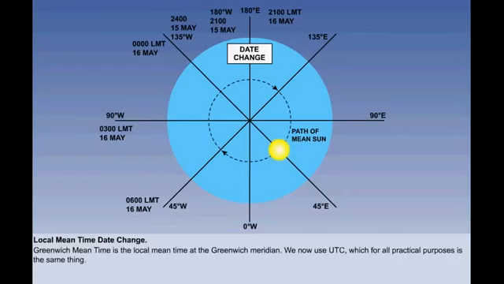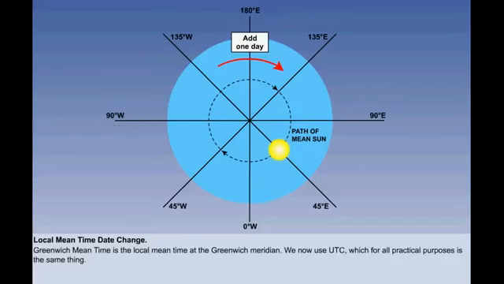However, for LMT calculations, these deviations do not apply. Date changeover always occurs at the 180-degree meridian. The time on both sides of the meridian is 2100 LMT, but the date to the west is 15th of May, and to the east is 16th of May.